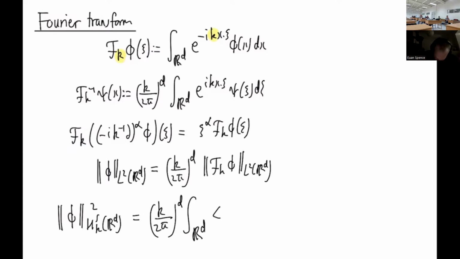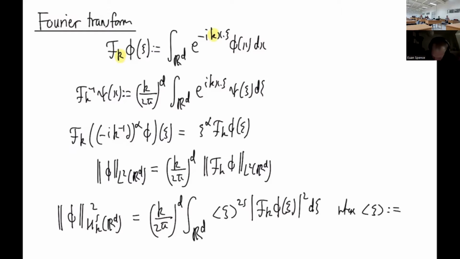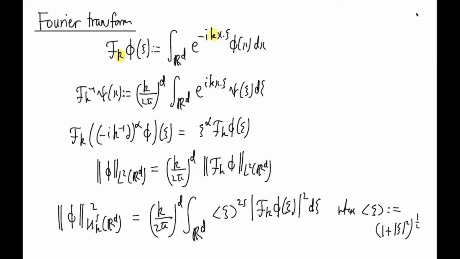Again, this is just the standard definition of the Sobolev spaces H^s, but with this k put in, which means the derivatives are weighted with powers of k inverse. And this angular bracket of xi is the square root of 1 plus xi squared.